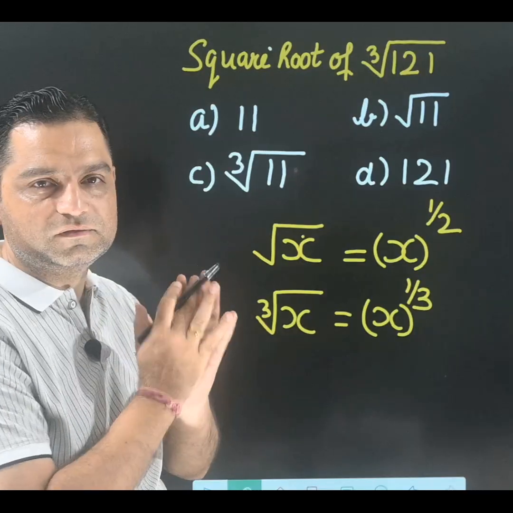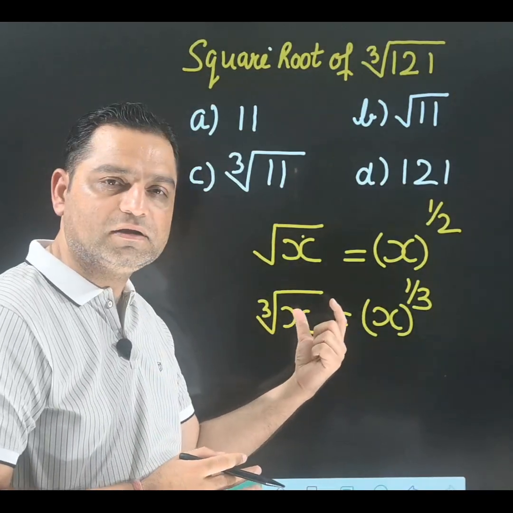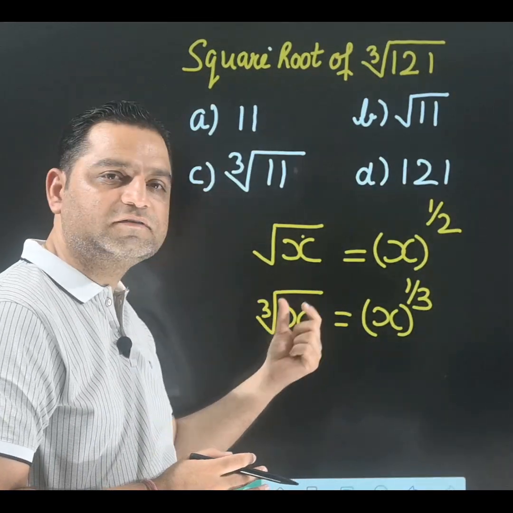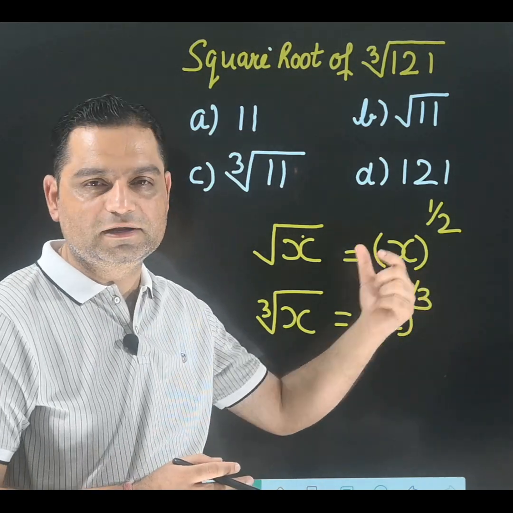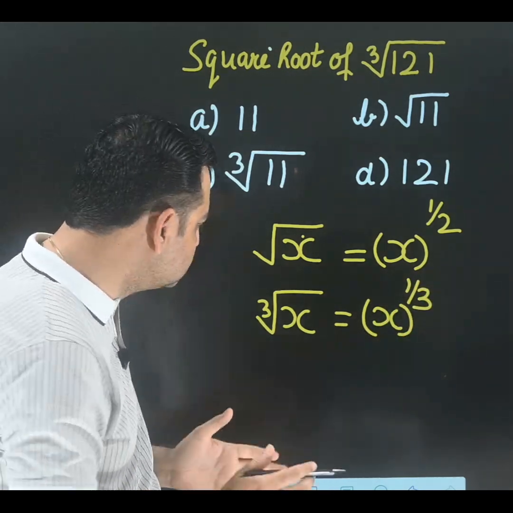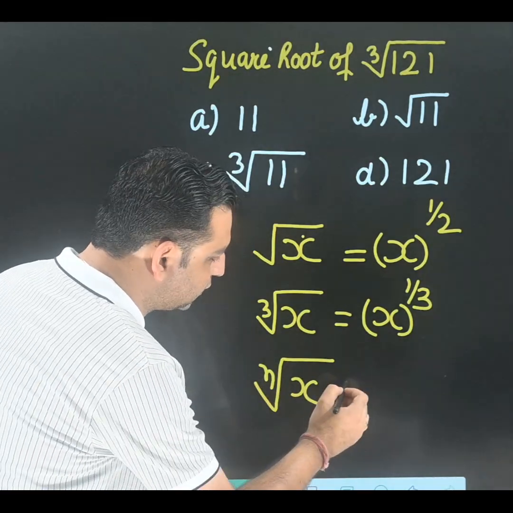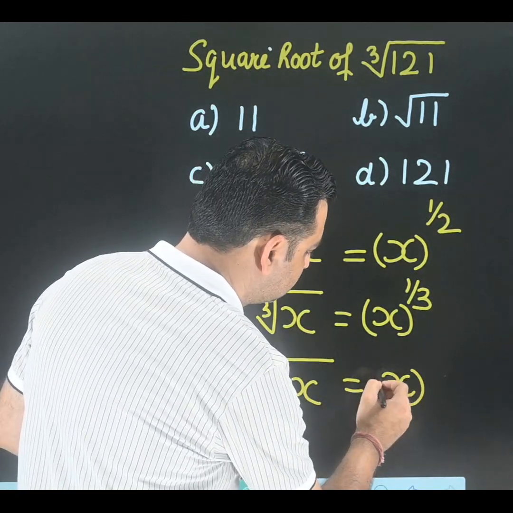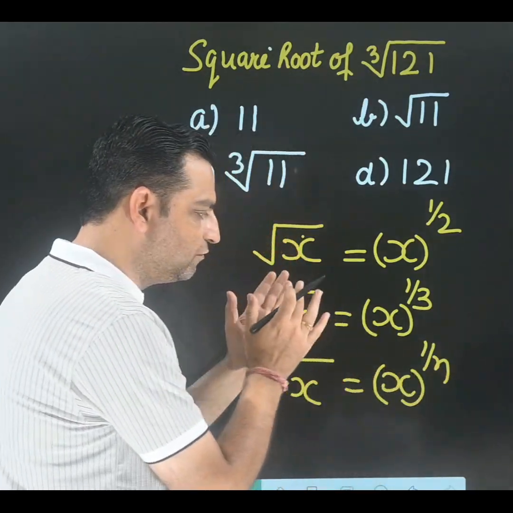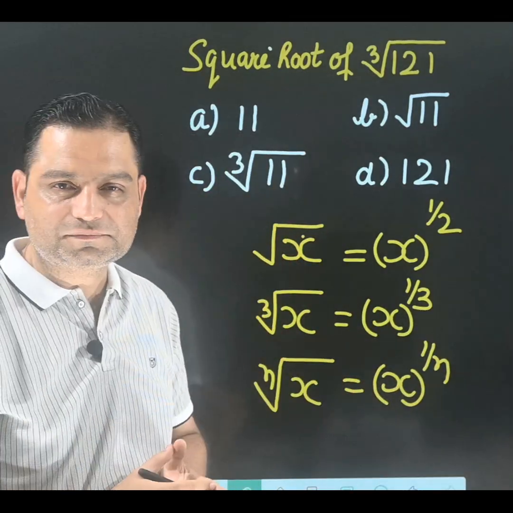Both give you the same result. These are just an alternate way of writing. The roots or surds can be written in terms of fractional exponents. In general, this is the rule: nth root of x is equal to x to the power 1 over n. This is the first rule which will be used.